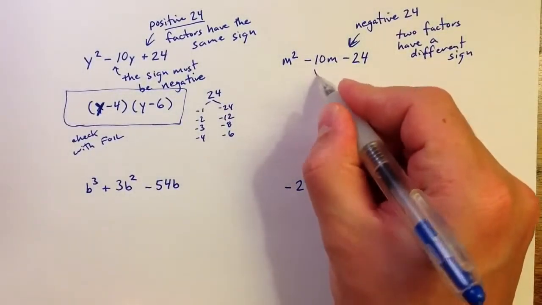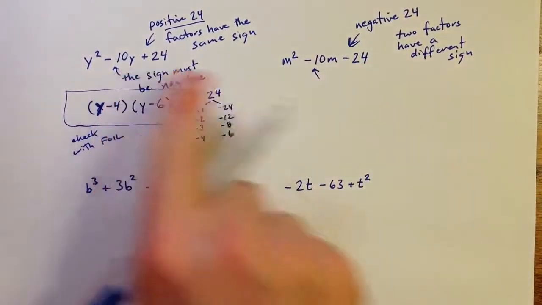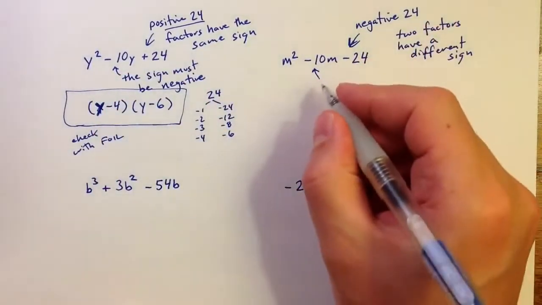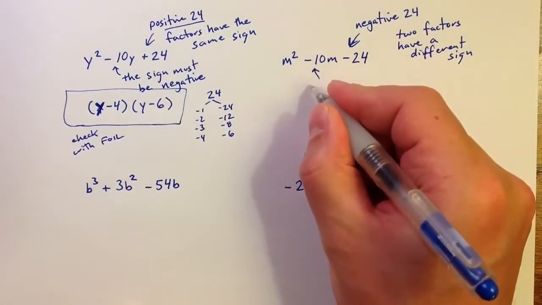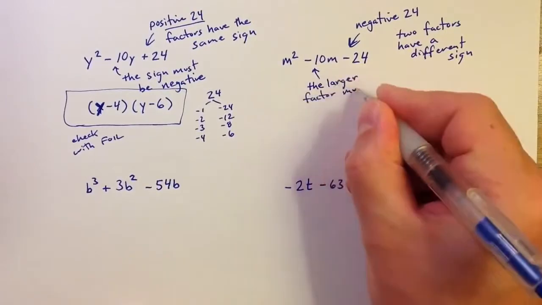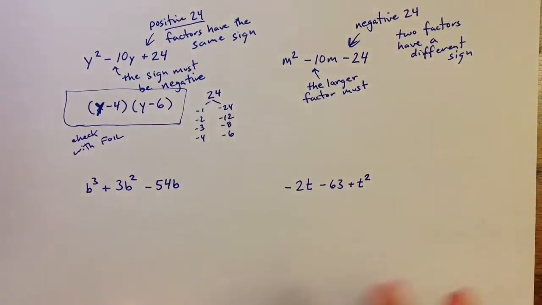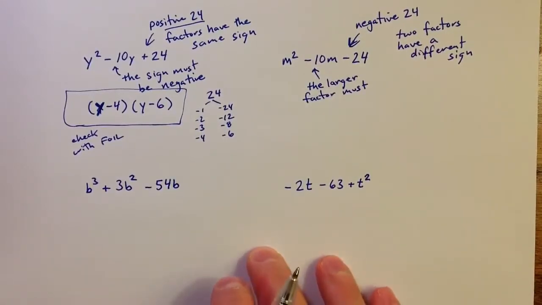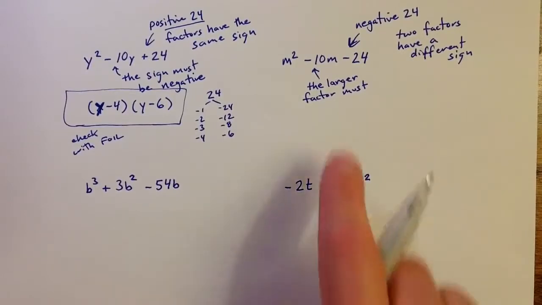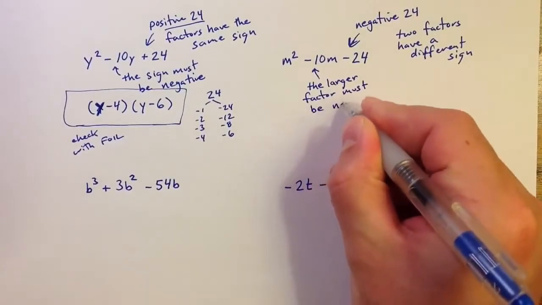Then if I look at the middle number, since it's negative 10 again, I know that the larger factor has to be negative. Because when I add them together, if one number is positive and the other is negative, the sign of the larger number is going to be the sign of the answer. So the larger factor must be negative.